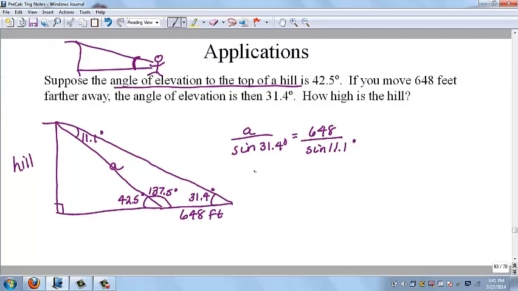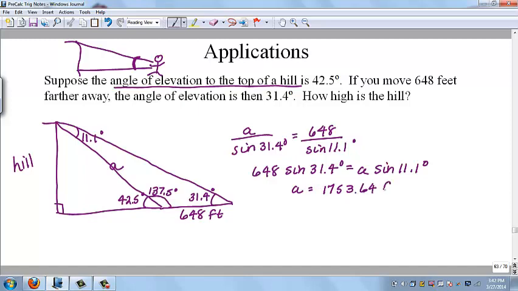So if I cross multiply, I have 648 sine of 31.4 degrees equals A sine of 11.1 degrees, and then you divide by that. I find that A comes out to be 1753.64 feet.